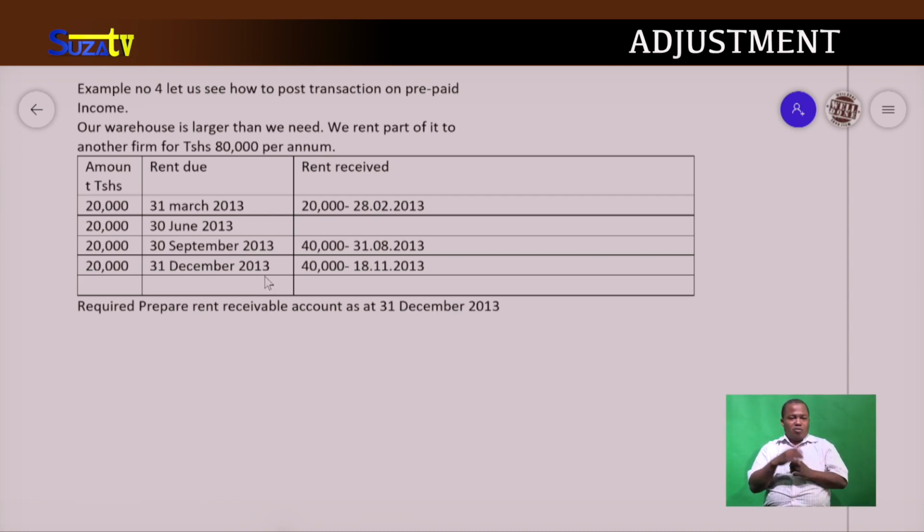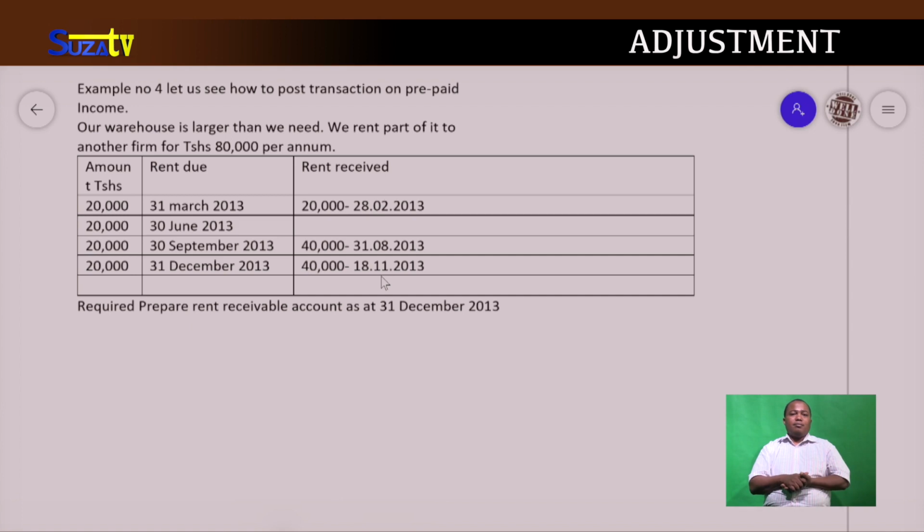Cash received: on 28th February, we received 20,000. On 31st August, we received 40,000. And on 18th November, we received 40,000. Prepare the rent receivable account as at 31st December 2013.